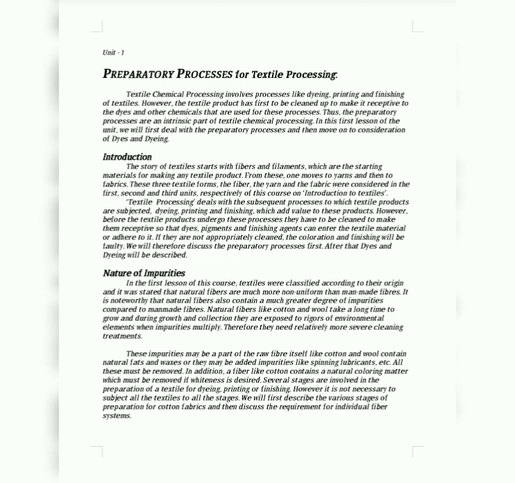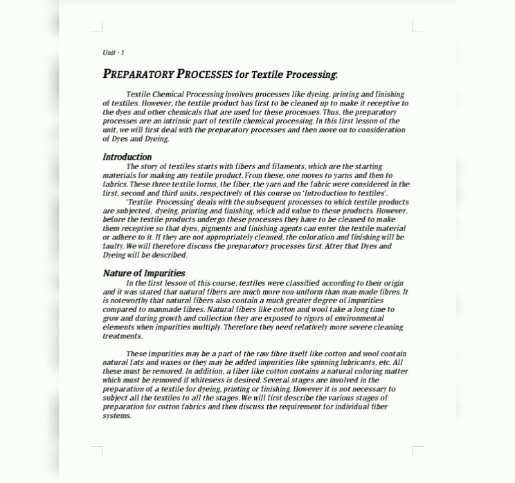In the first lesson of Unit 1, we will deal with preparatory processes and then move on to the consideration of dyes and dyeing. Now, introduction. The story of textile starts with filaments and fibers, which are the starting material for making any textile product. From these, one moves to yarn and then to fabric.